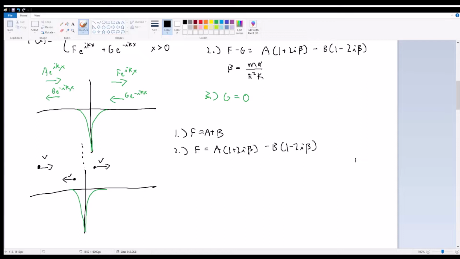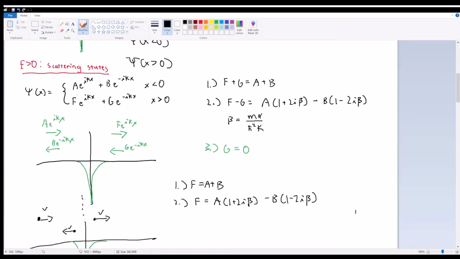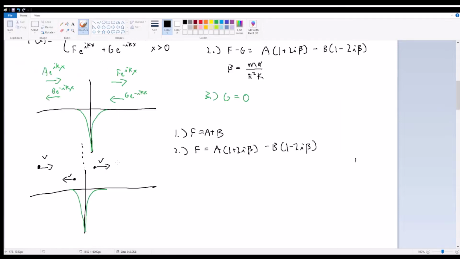So we can recognize that these are 2 separate wave functions, not 3. Apologies, I said that wrong. Earlier on we have this piecewise function separated into x less than 0 and x greater than 0, defined in terms of being to the left of the well and to the right of the well. There's another way to recognize it: the wave function prior to running into the well and afterwards.